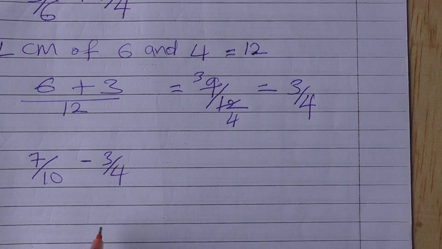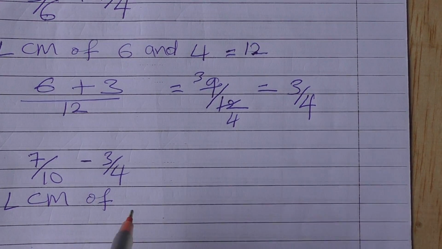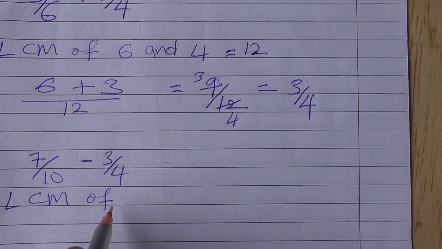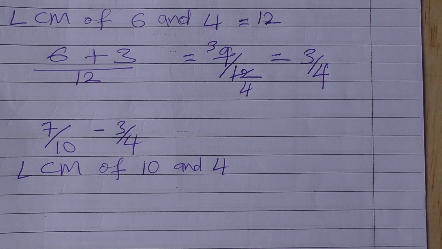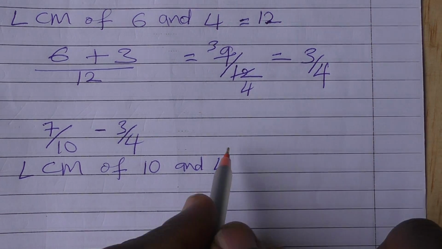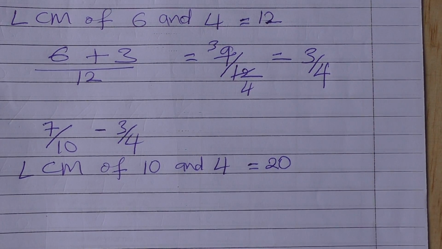We do the same thing. We first get the LCM of the denominators, which are 10 and 4. So the LCM of 10 and 4 is 20. That is the lowest common multiple.